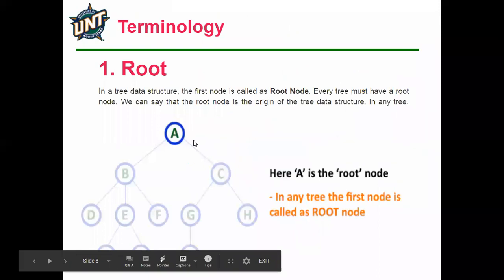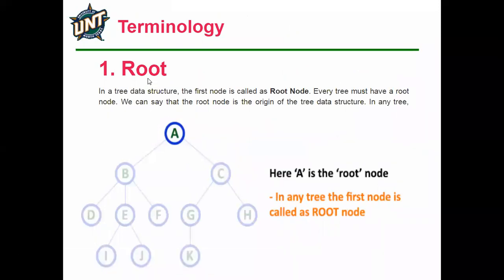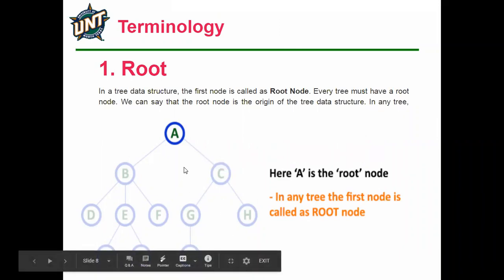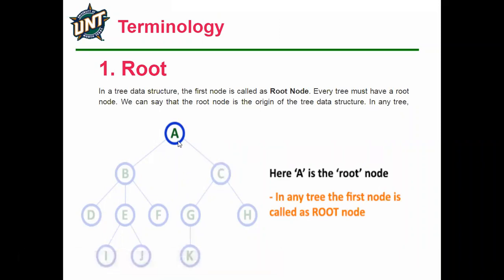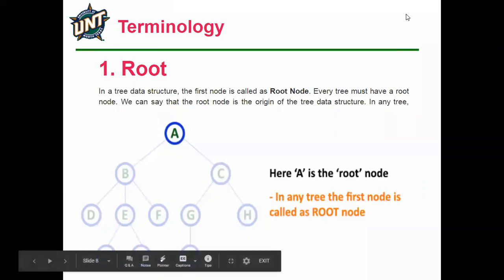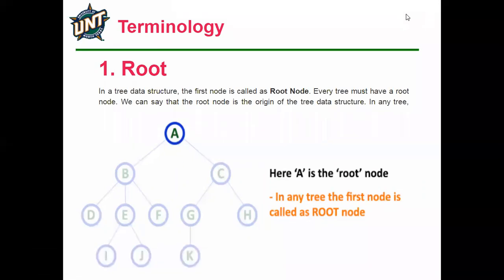The first major part is the root node. You can see the diagram here: A is what? The root node. What is the root node definition? The first node of a tree is called the root node. Everyone should know this terminology very well, so that you can clear all the concepts of tree data structure.